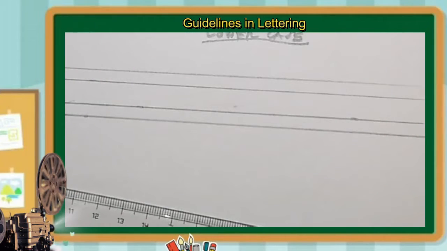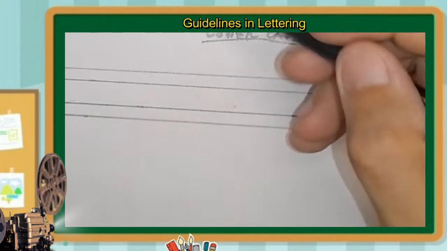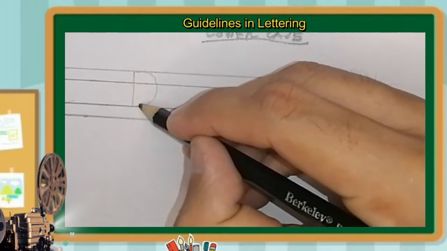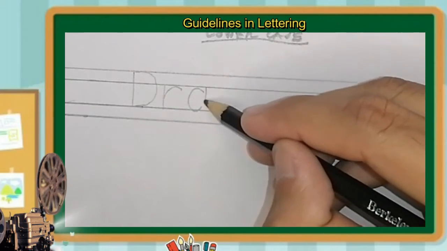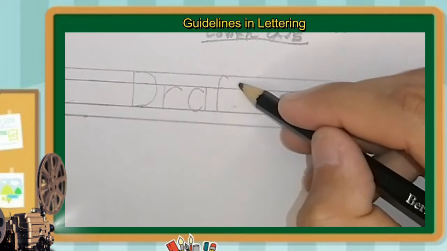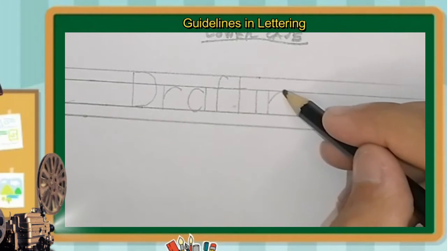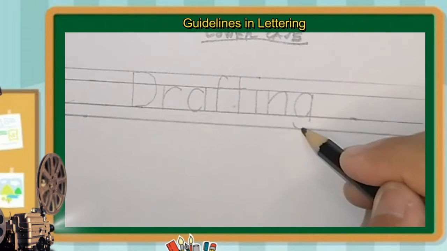Example, I want to letter here the word drafting. Sa paggawa ng mga letters, I will start first with light lines. This is the proper way of lettering. Later, I will be discussing the techniques kung paano mag-letter ng tama.